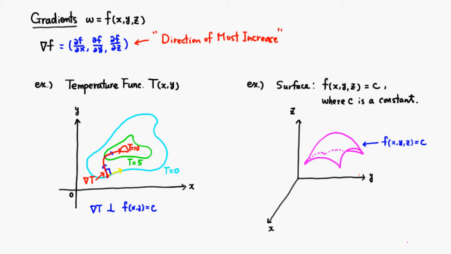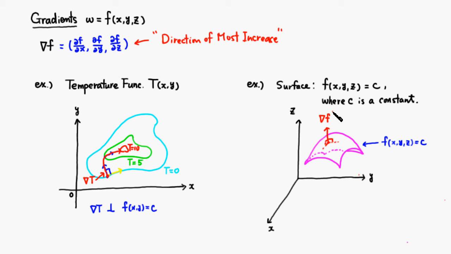Let's say you pick a point somewhere around here, and it looks like the normal direction is this direction, perpendicular to the surface. This normal direction can be found by taking the gradient of this function f.